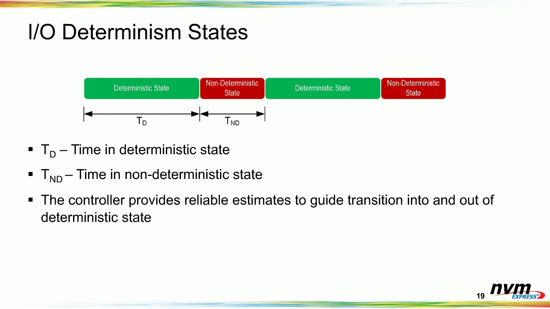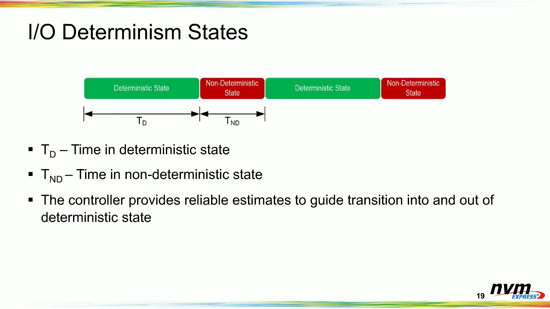The other thing we added to I/O determinism is these states. You can put the NVM set into 2 different states. One is a deterministic state where all the background operations from the drive are held off, and you're giving full use of that drive just to satisfy the read requests that come in.